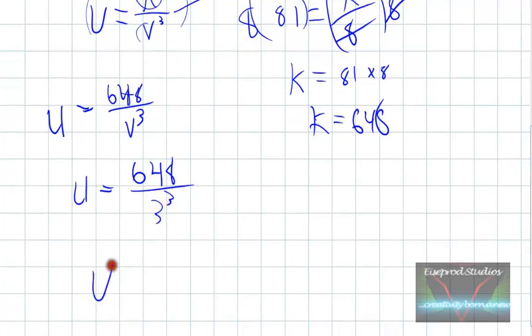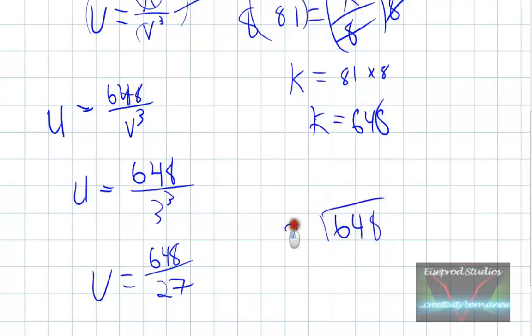So now we have u is equal to 648 divided by 27. And I'm going to try to get as close as I can. So 648 divided by 27.